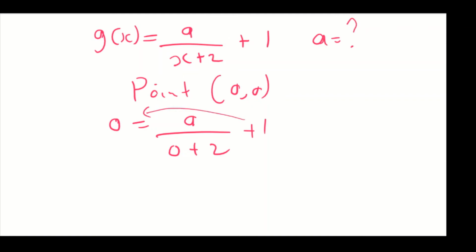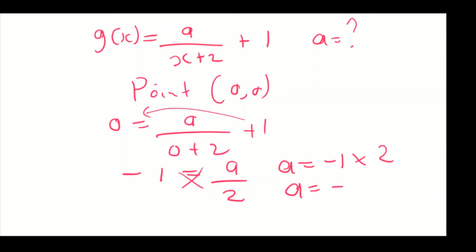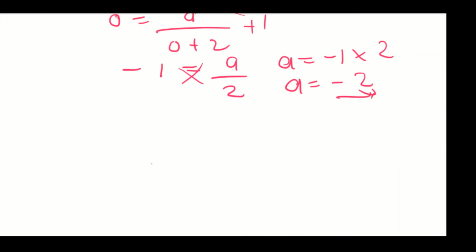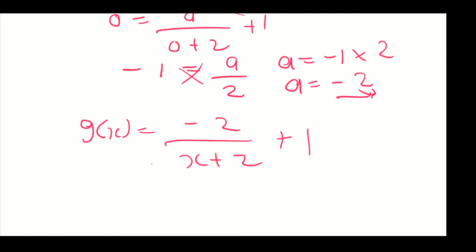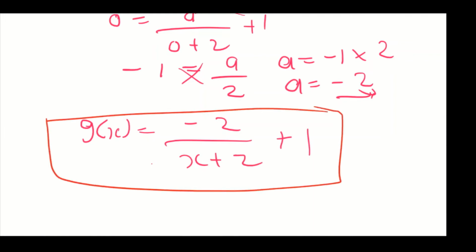Transpose the 1 to the other side. Minus 1 equals our a over 2. Cross multiply. So our a is equal to minus 1 times 2. So our a value is equal to minus 2. To write down our equation, g of x is equal to minus 2 over x plus 2, plus 1. So this is our graph of g.